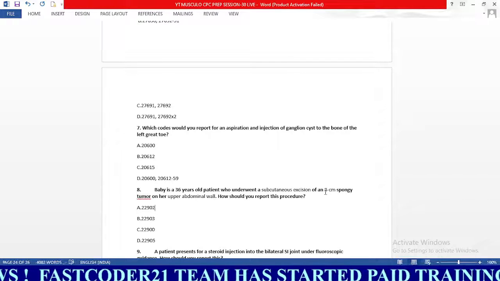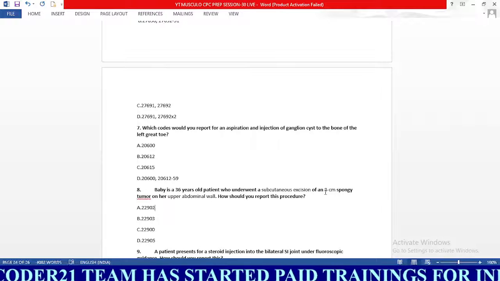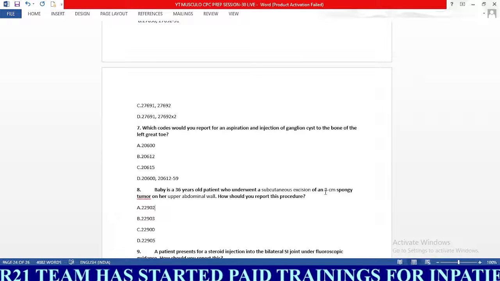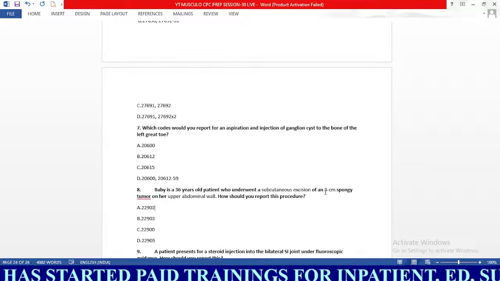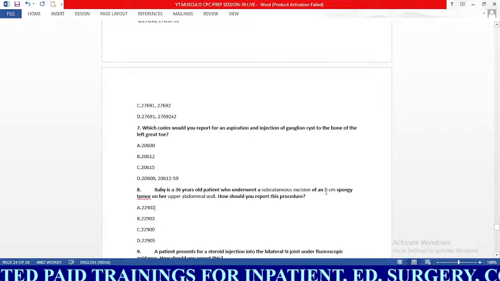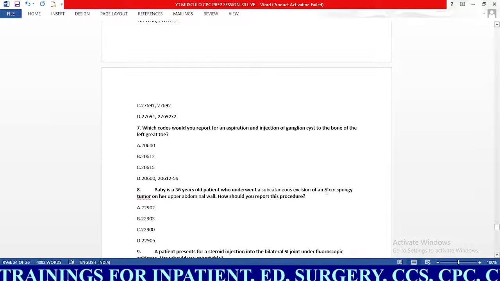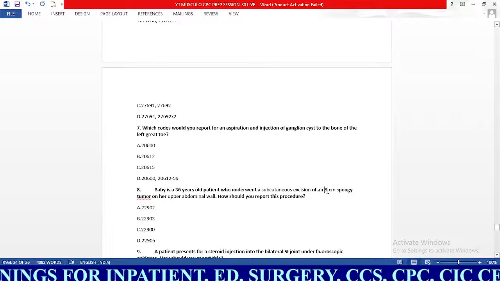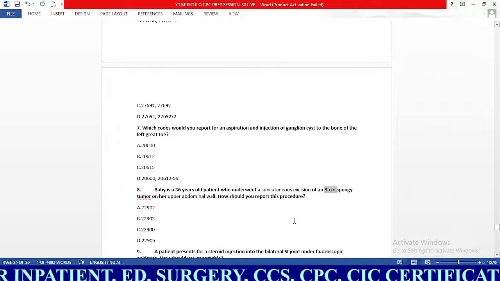As ours is 8 centimeters, we can eliminate 22902. So we will check 22903. Yes, 22903 is the correct answer as it is excision tumor soft tissue of abdominal wall subcutaneous 3 centimeters or greater, and our excision tumor size is 8 centimeters. We can choose 22903 as the correct answer.